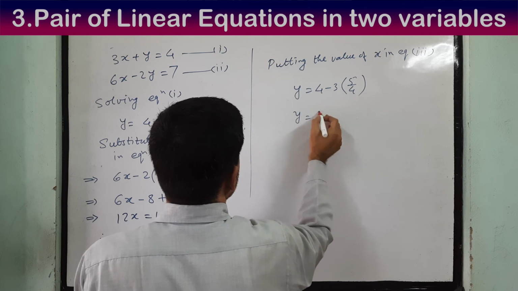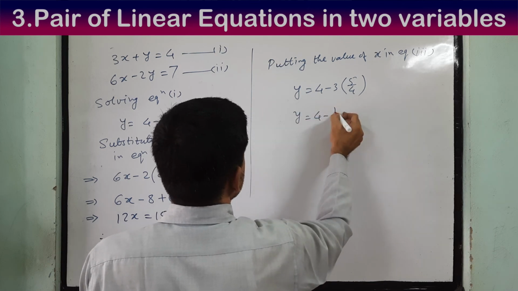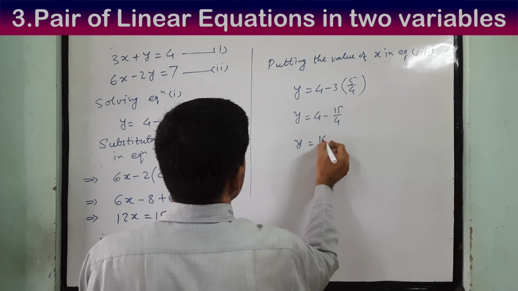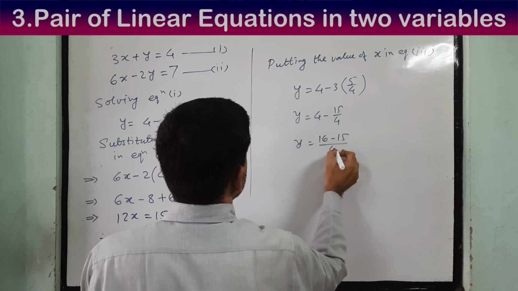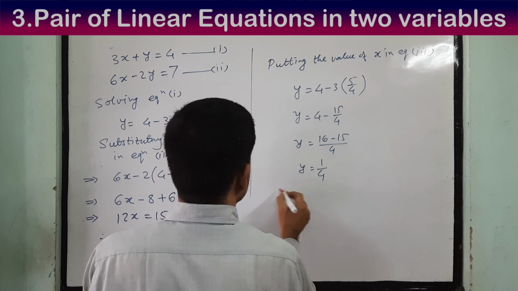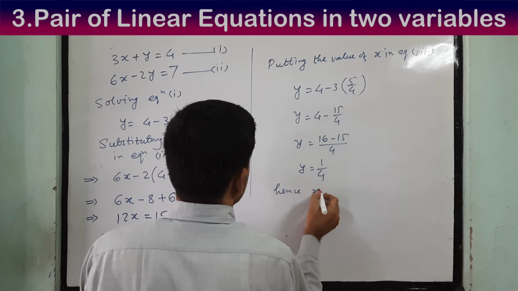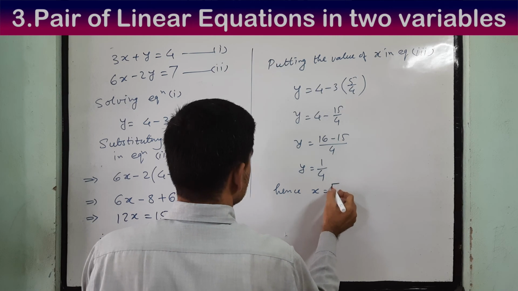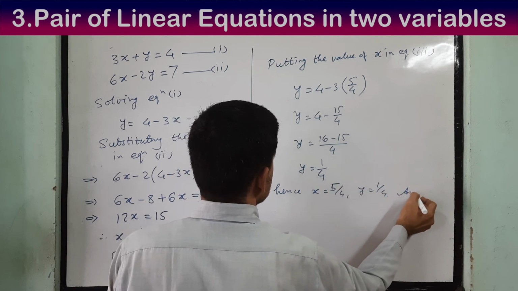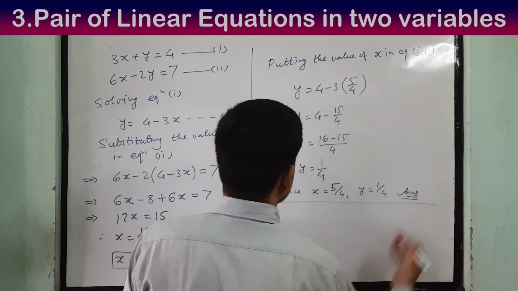Okay, here take LCM. One by 4. So hence x is equal to 5 by 4 and y equal to 1 by 4. This is the answer. Clear?